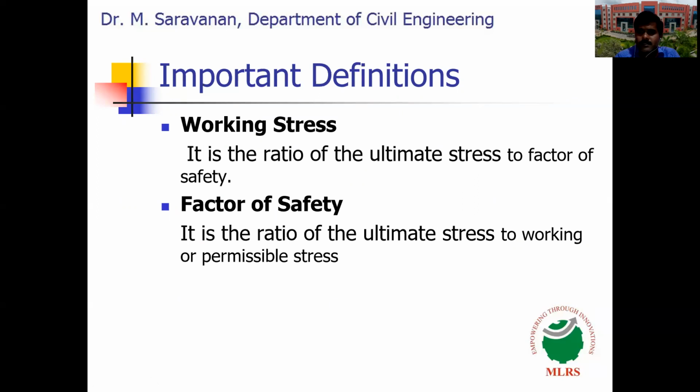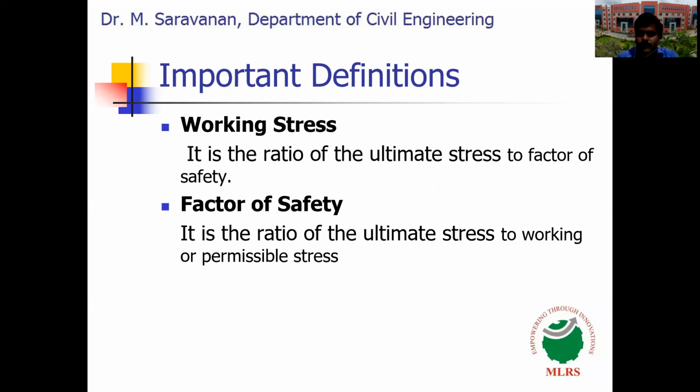Once the ultimate stress is reached, if you apply more load, the material or the structure will fail. So you always consider the permissible, allowable working stress, which is the ultimate stress divided by some factor of safety. For safety purposes, you introduce a factor and reduce the ultimate stress value.